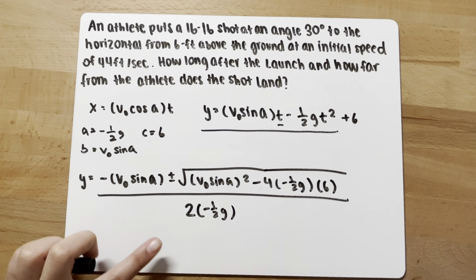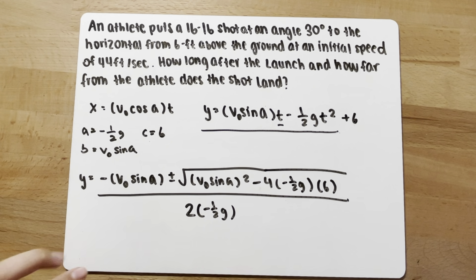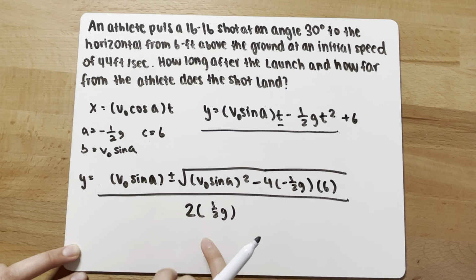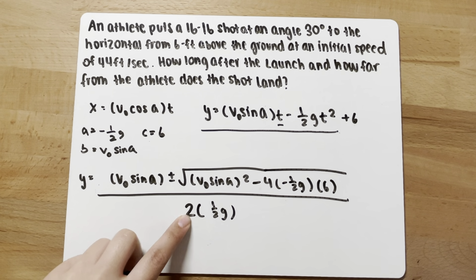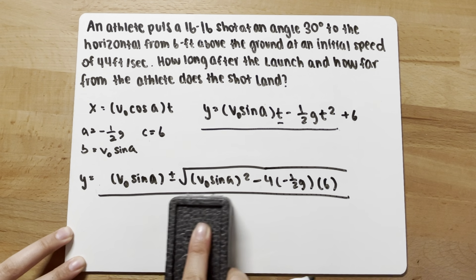Now, if you look at this, this is a negative, this is a negative, so you can disregard that, okay? Now, what next? This is a 2, here's a 2 over here, cross the 2 out, that leaves you with g, okay?